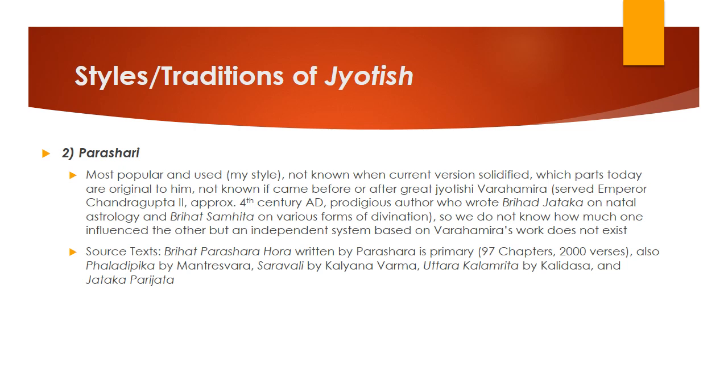Varahamihira was a prodigious author who wrote the Brihad Jataka, which is on natal astrology, and the Brihad Samhita, which is on various forms of divination. And so we don't really know how much one influenced the other. But the thing is that this Varahamihira person or personage does not have an independent system of Jyotish that exists.